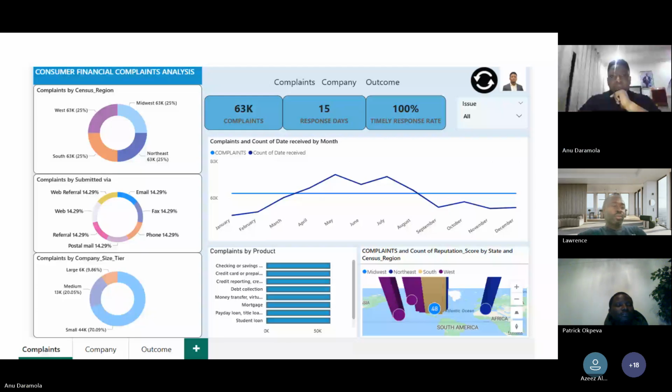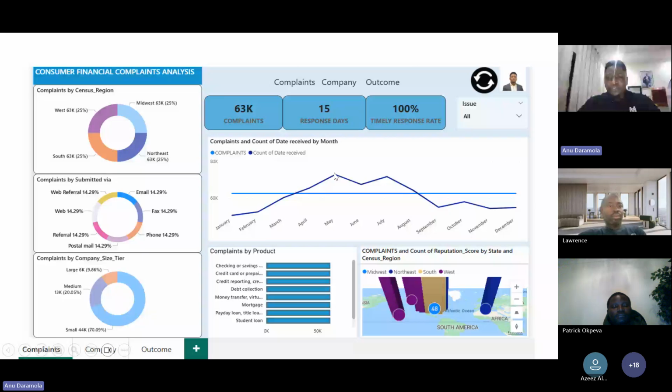63,000 complaints were recorded, and out of this 63,000, it happened to be equally distributed within the region. We have the West, the Midwest, the South, and the Northeast. And the volume of the complaint was stable from January till May.